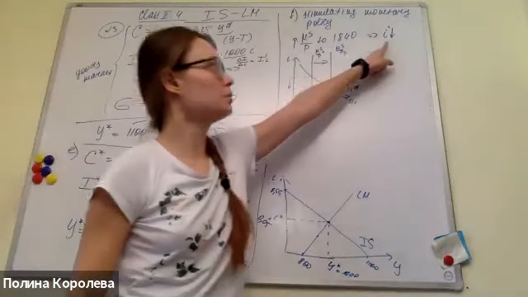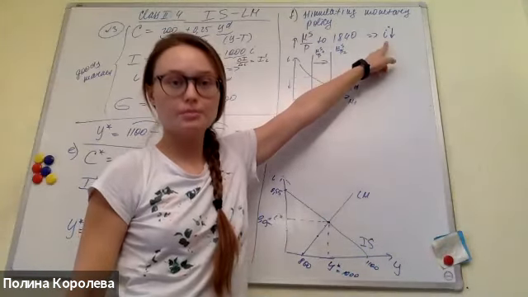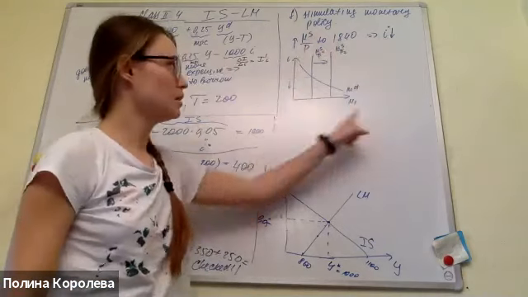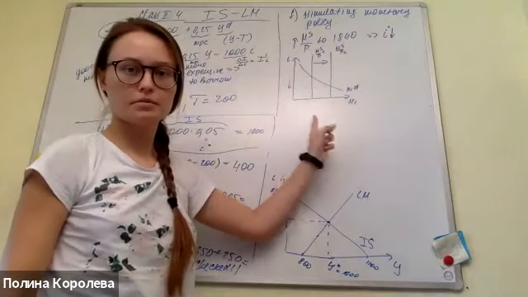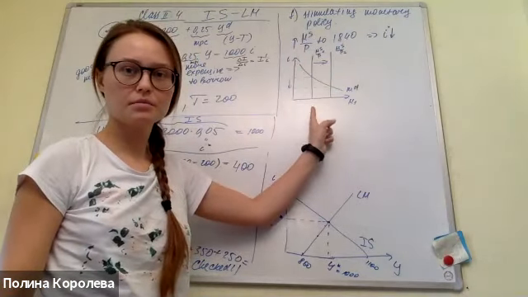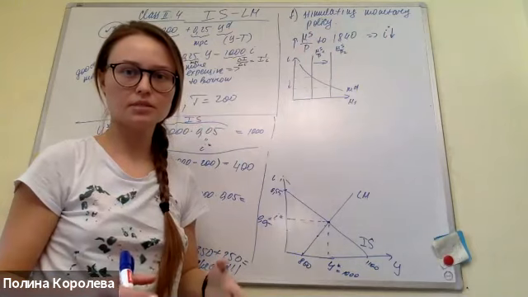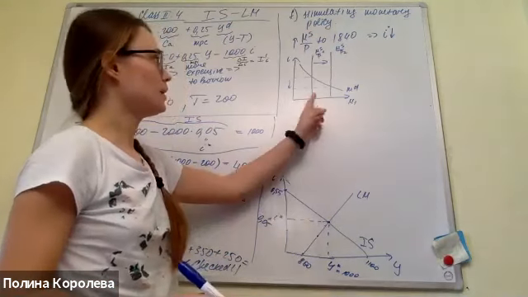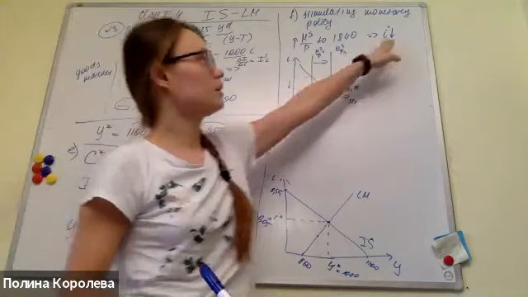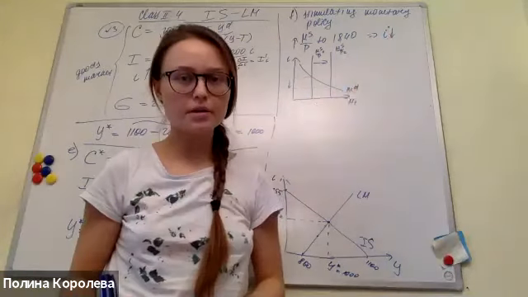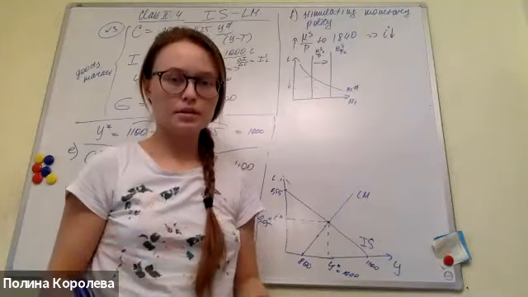And this is true for each GDP, because we do not have GDP here. GDP for us here can be any. In the money market, we only find the interest rate. In the goods market, we only find GDP.